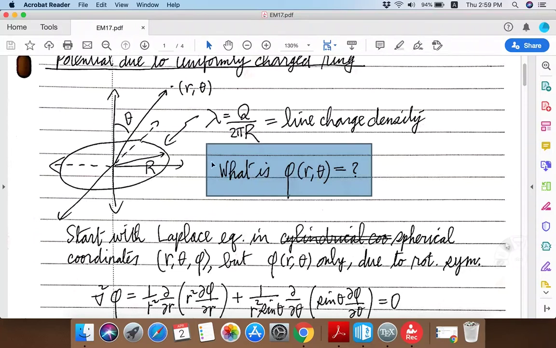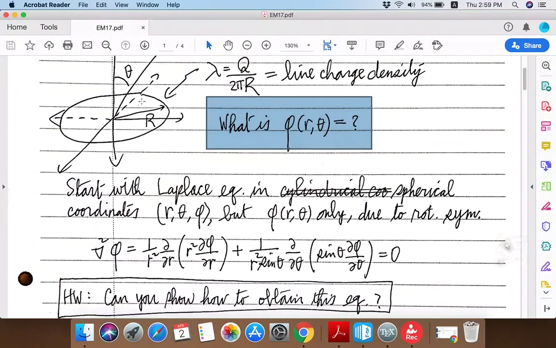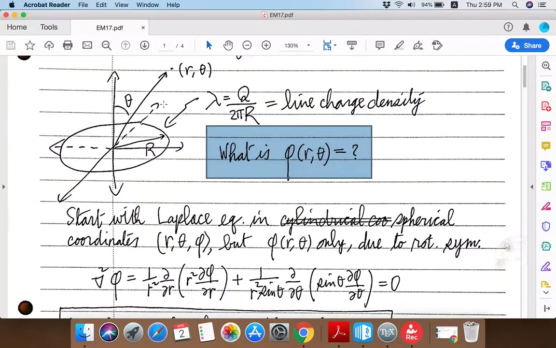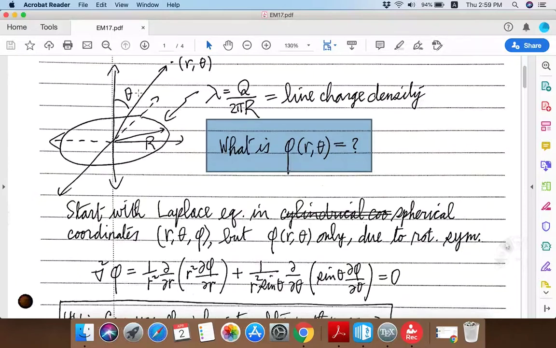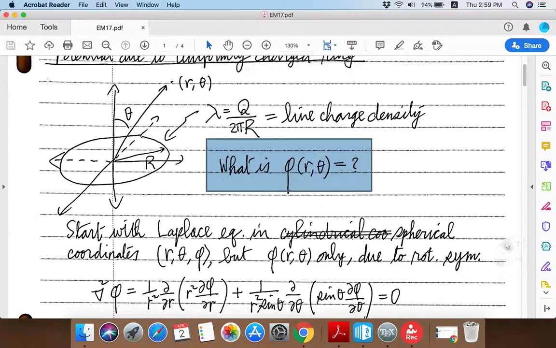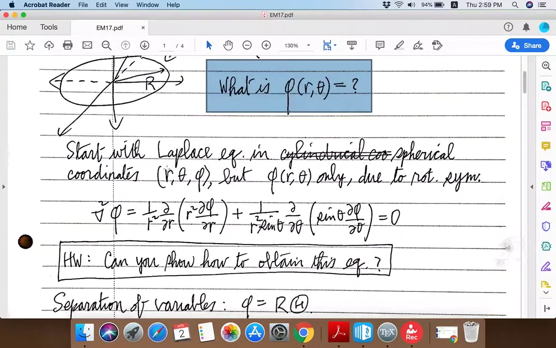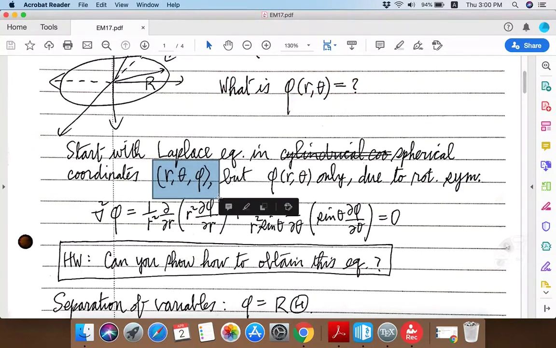Okay, so how do we start? Well, obviously, away from the ring, there's no charge, so the potential has to satisfy the Laplace equation. But given the geometric nature of this problem, it's probably advisable to try and solve this problem in the specialized coordinates, which is the spherical coordinates, having three variables r, theta, and phi.